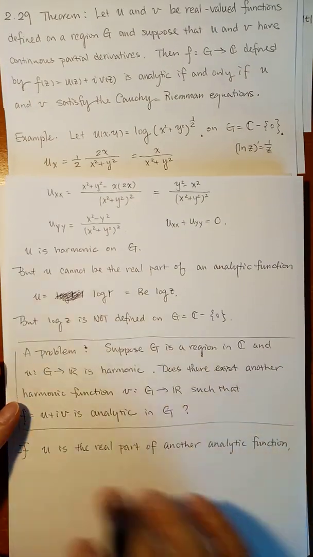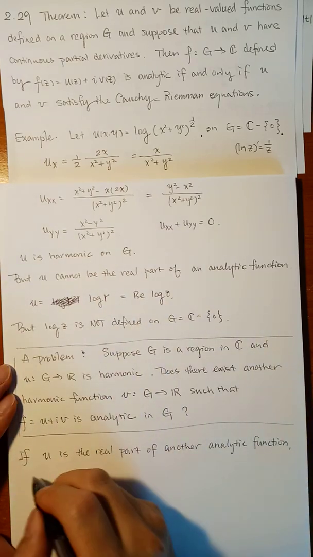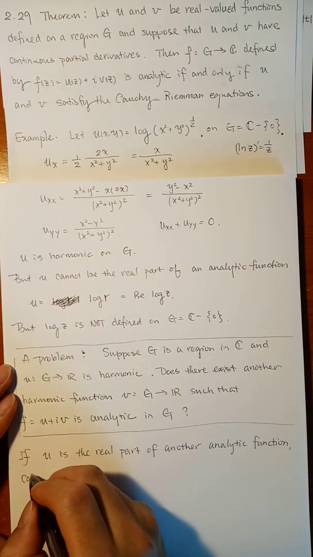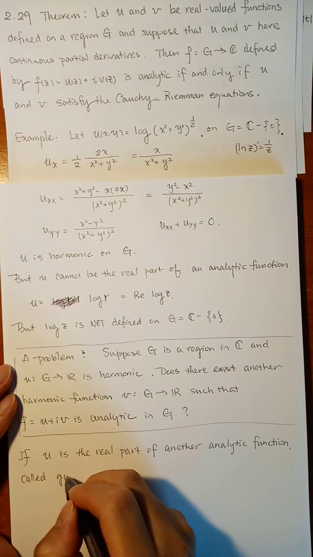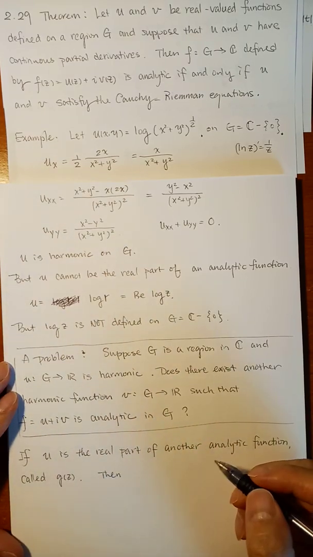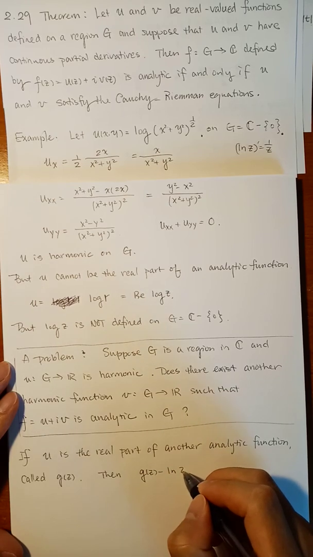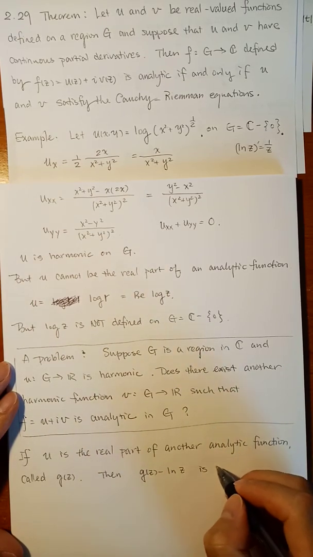So if u is a real part of another analytic function, let's call it g of z, then g of z minus natural log of z is analytic.